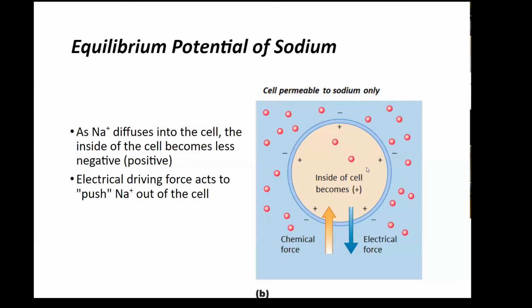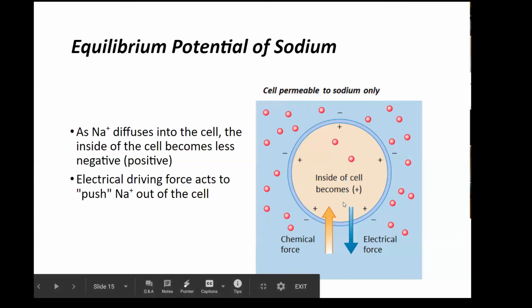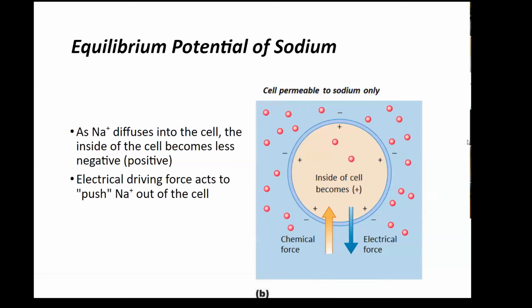As we make this cell positive, we create this electrical force working against our chemical force in the opposite direction, because positive is going to repel positive. This means that we're going to have an electrical driving force on sodium moving out of the cell.